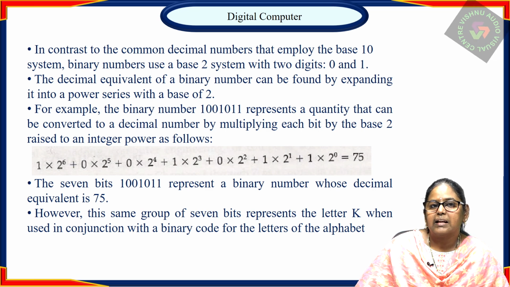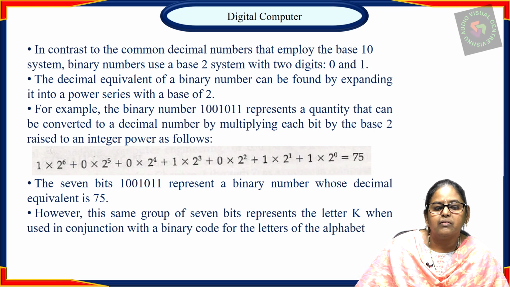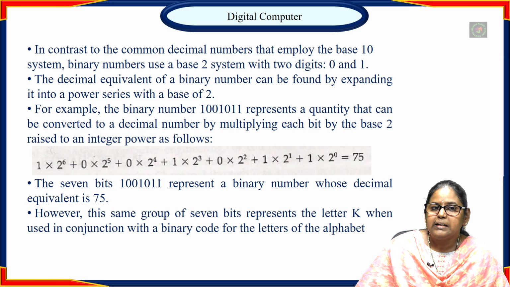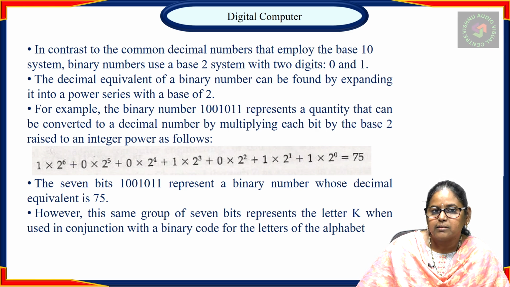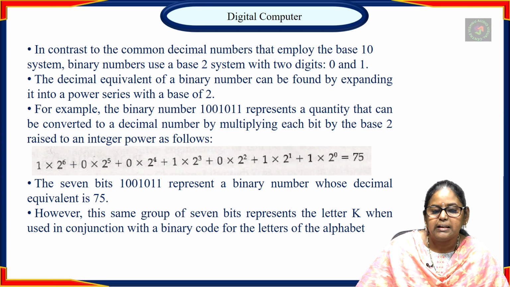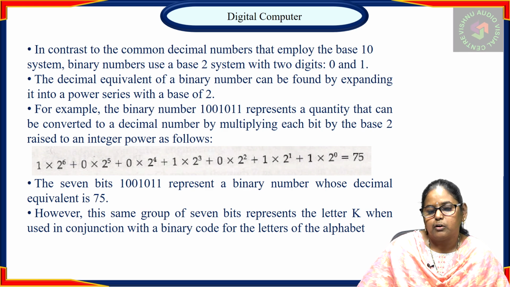Here we are considering an example number 1001011. When we take this binary number and convert it into a decimal number, we multiply each bit by base 2 raised to the integer power as follows.